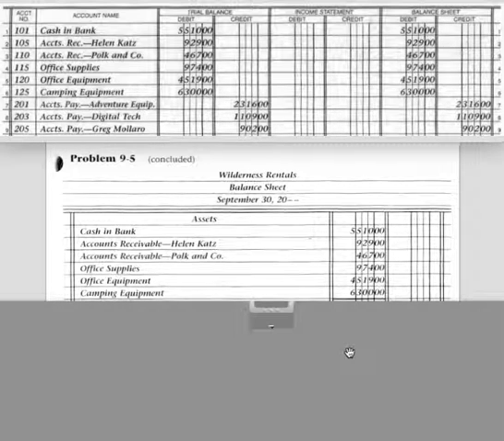When you have them all listed out and you have their balances recorded in the left-hand column, you're going to put a single rule under the last amount.